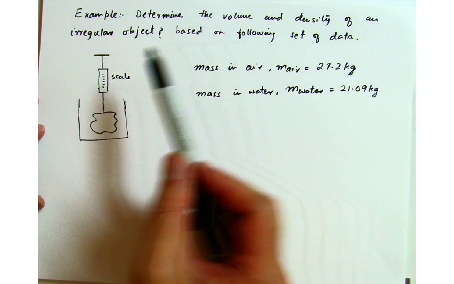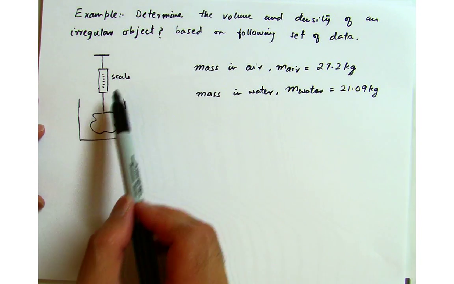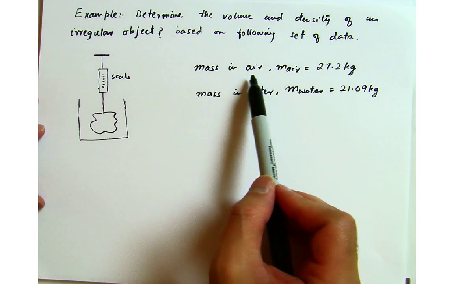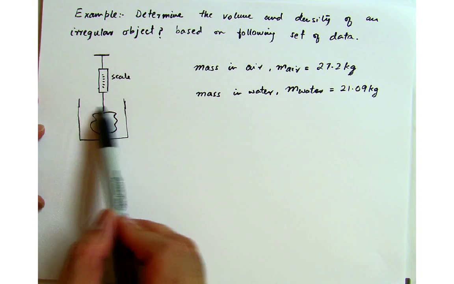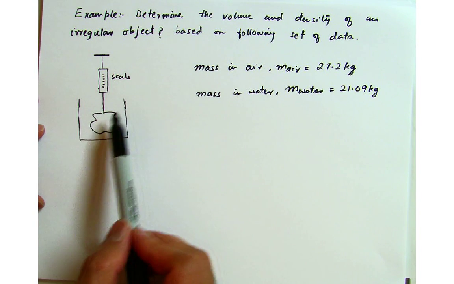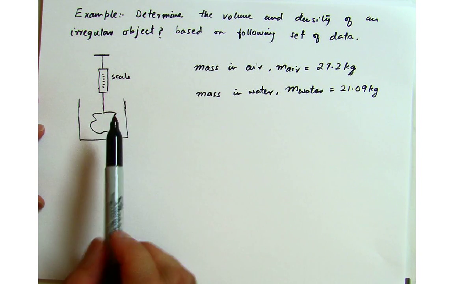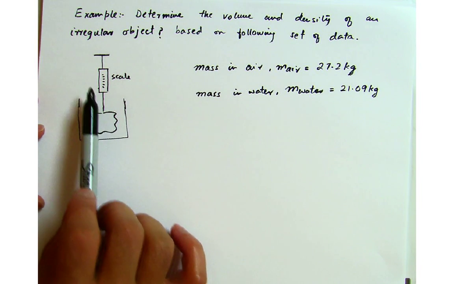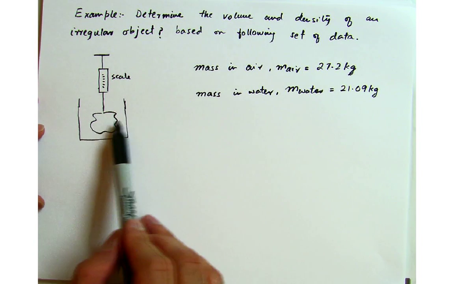Depending on how we take the measurements, the mass in the air for this irregular object came out to be 27.2 kg. And if I fill this bucket with water, which has a much higher buoyancy force, the mass in the water of this object will be smaller.